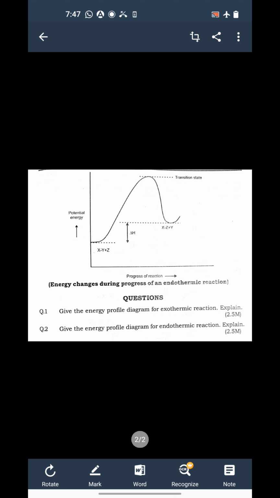As the reaction proceeds, more and more kinetic energy gets converted into potential energy, and at the maxima the maximum potential energy is reached, that is the transition state, and after that the potential energy goes on decreasing. But in an endothermic reaction, you can see that the potential energy of the product is more than that of the reactant. It means that in the product the kinetic energy is less, and therefore heat or a rise in temperature is not possible there. Okay, so this is about the endothermic reaction.